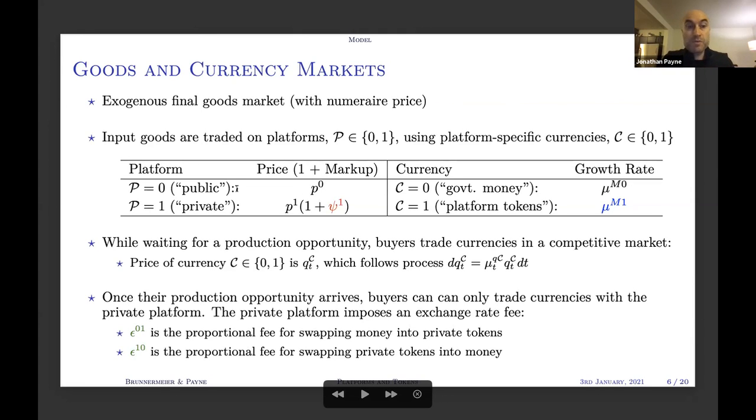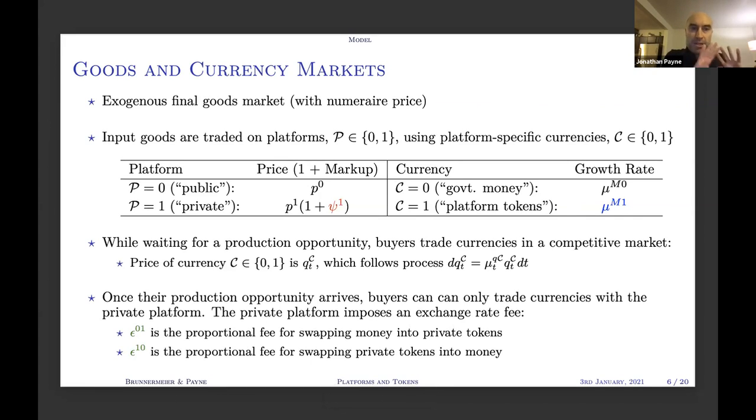The private platform, however, is not competitive in the sense that the platform owner runs it to try and maximize profits. And so they're able to charge a markup, which I denote by psi, on trade on their private platform. Likewise, we have the two currencies. So C equal to 0 is the government-provided currency, and C equal to 1 are the platform tokens. And then I use mu for the growth rates of the two different currencies.